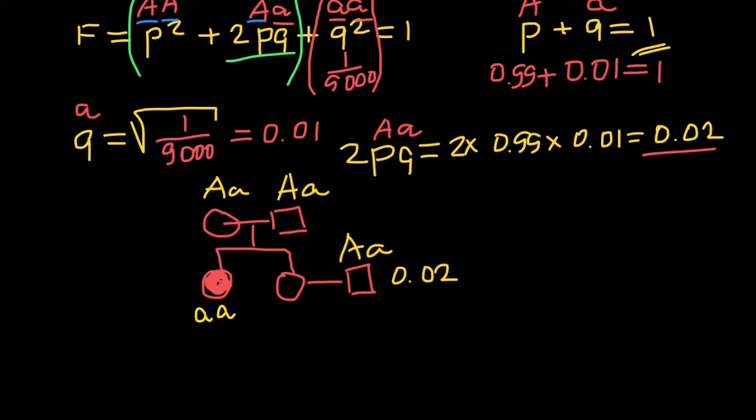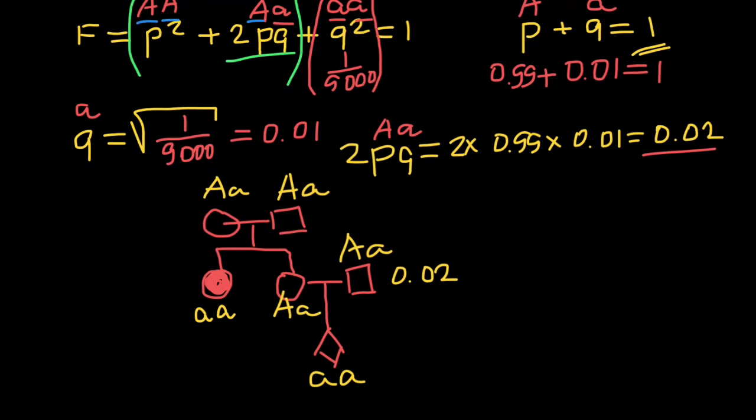Now we have to find the probability of his wife, Maria, also being heterozygous, and only in this case may they have an affected child who is going to be small a, small a. So what is the probability of Maria being a carrier?